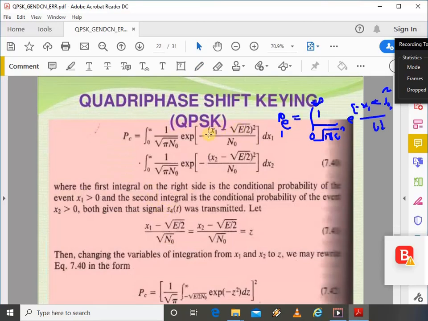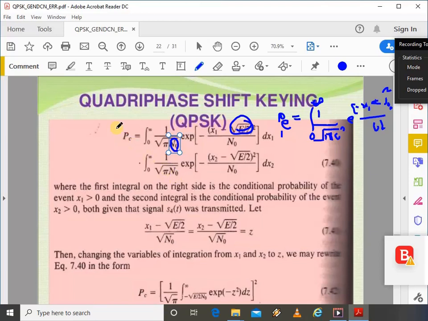So by this formula, what we are going to do is put the variance of this random variable x1 equal to N0 by 2, and the mean value of the random variable x1 will be square root of E by 2. This is what we are going to substitute in place of mu x equal to square root of E by 2, and the variance equal to N0 by 2. By substituting this for random variables x1 and x2, we will get this. So this multiplied by this. We need to calculate the joint probability here.